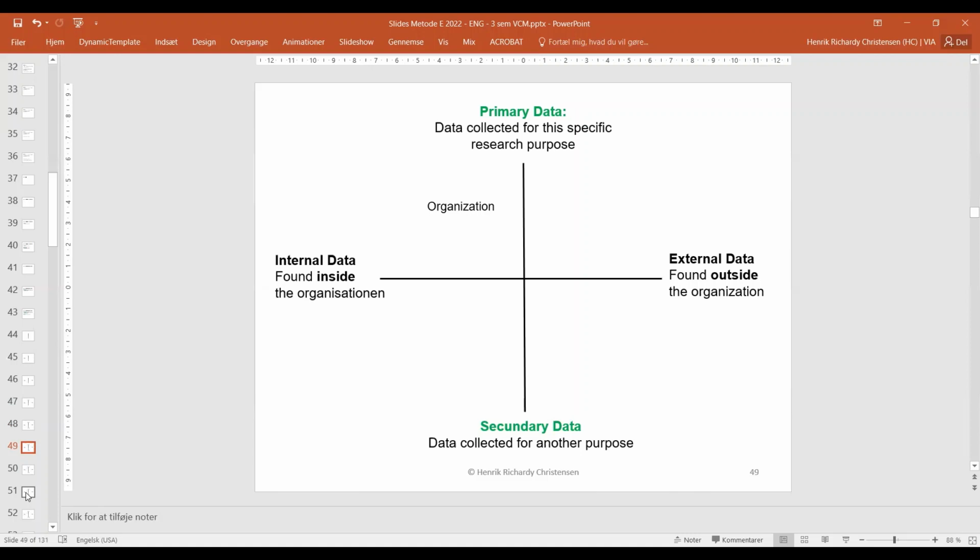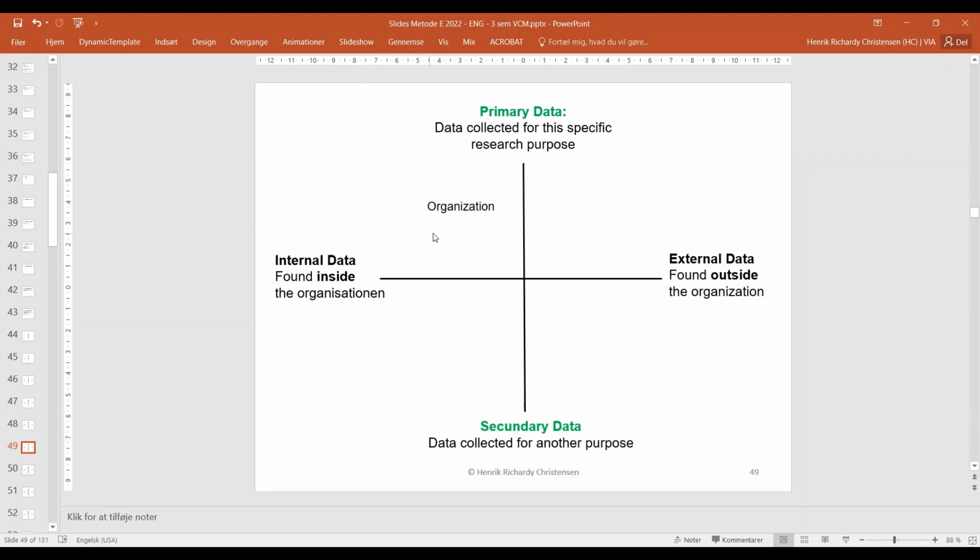If we want to understand our organization, saying how are people feeling in our organization, just like that, then we are focusing at our organization. It's data that we find inside our organization, therefore it's internal data.